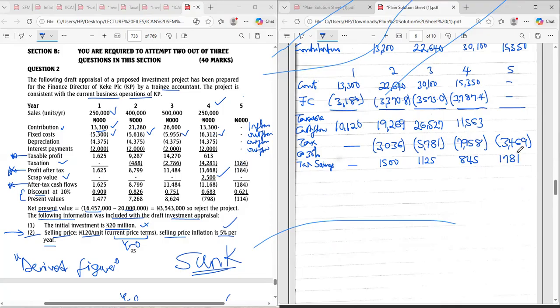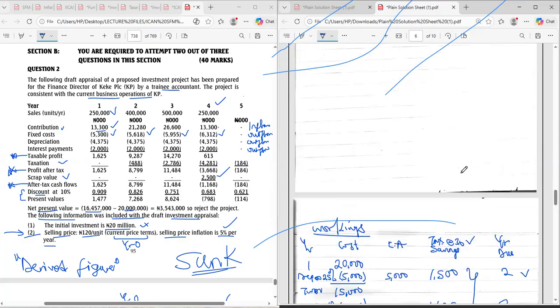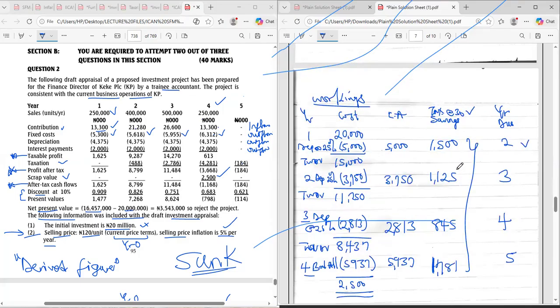Any question? Any question, please? How did I get what? Look at it now. I just solved it. Are you looking at your note when I was doing it? 30% of your capital allowance.